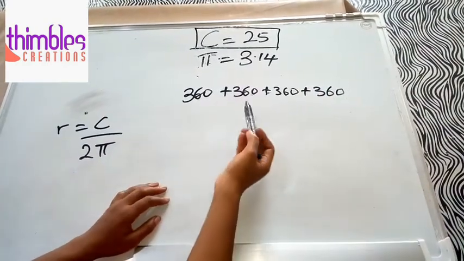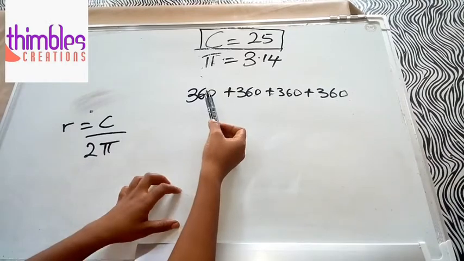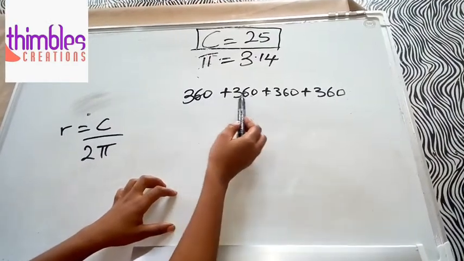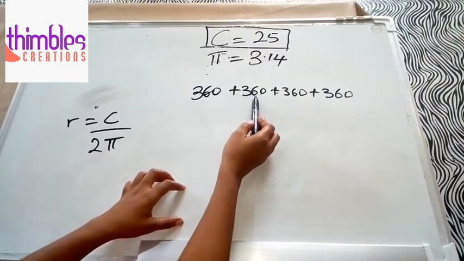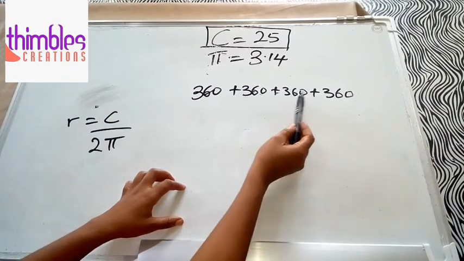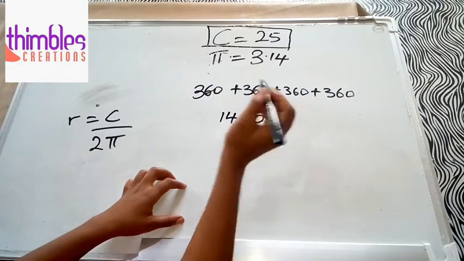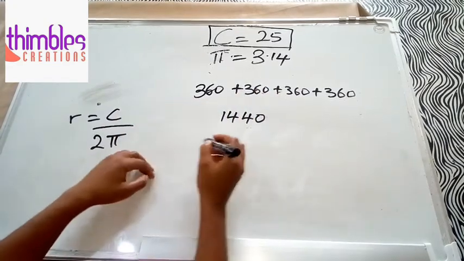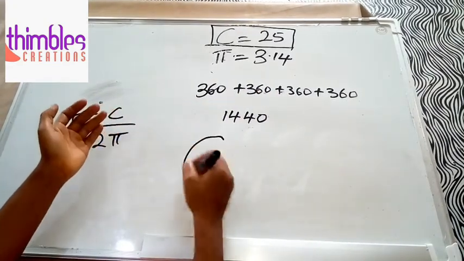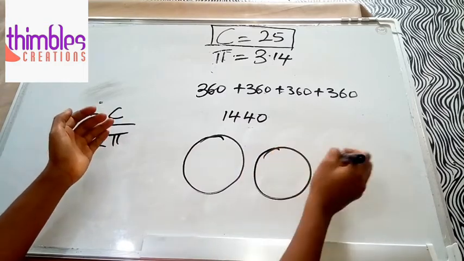So when we add 360 plus 360 gives us what? 720, plus this gives us what? 1440 degrees. Okay, so it is just made up of 4 circles.